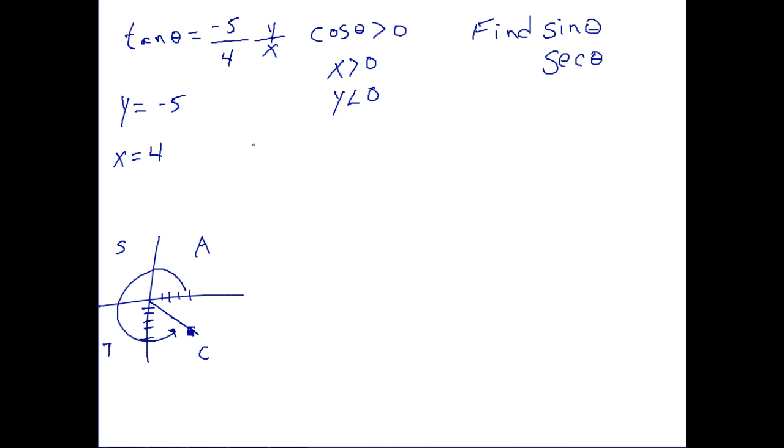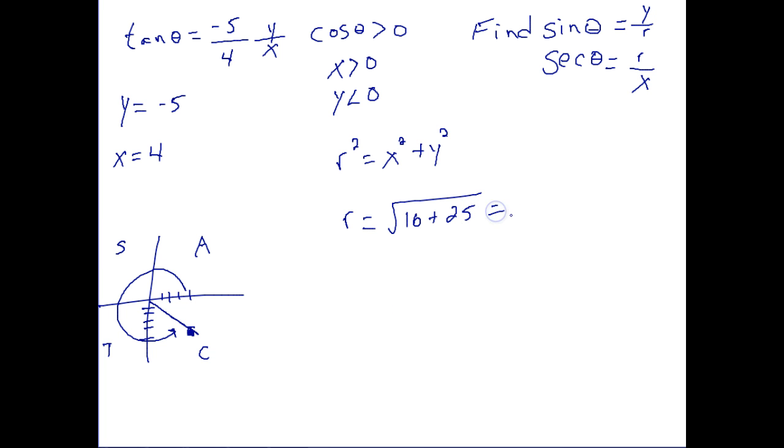Now we want to find sine. In order to find sine, we know sine is equal to y over r, and secant is equal to r over x. Well, for both of these we need to find r, and we don't have r, but we know r squared equals x squared plus y squared. So r is going to equal the square root of 16 plus 25, which is radical 41. And we can't simplify that, so we're going to leave it as radical 41.